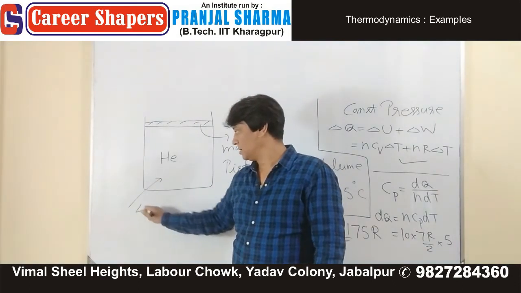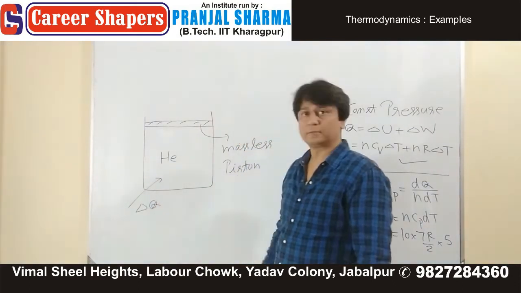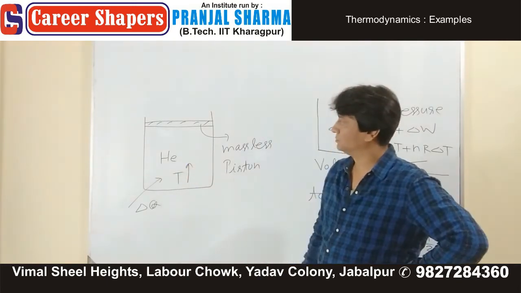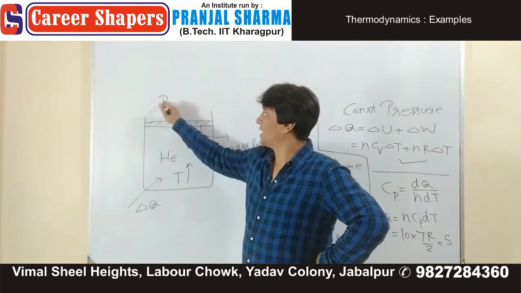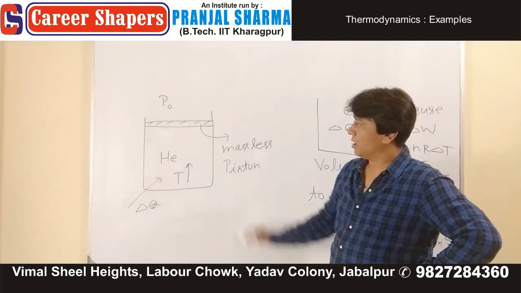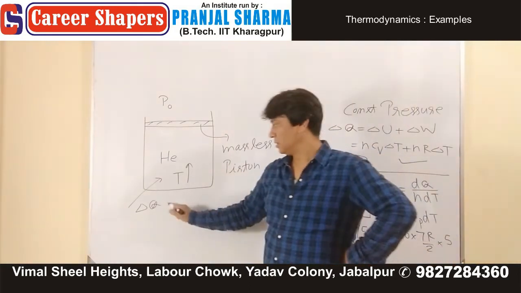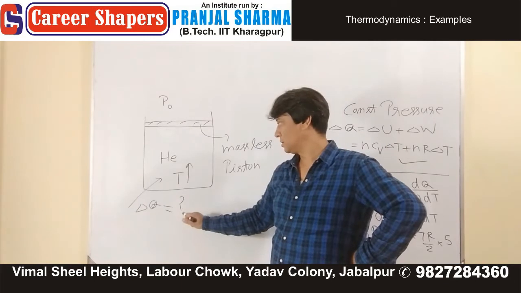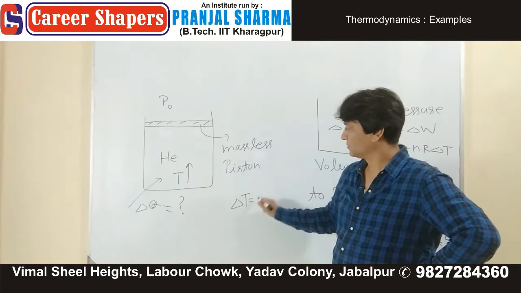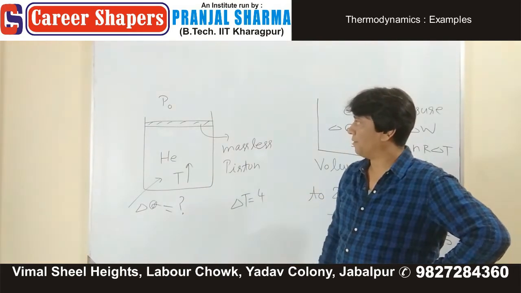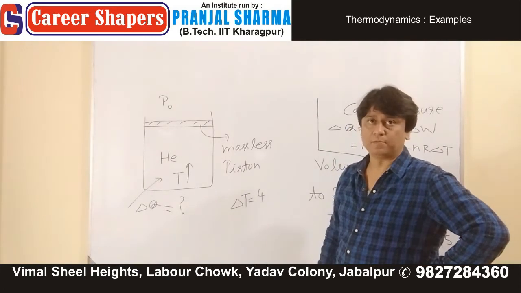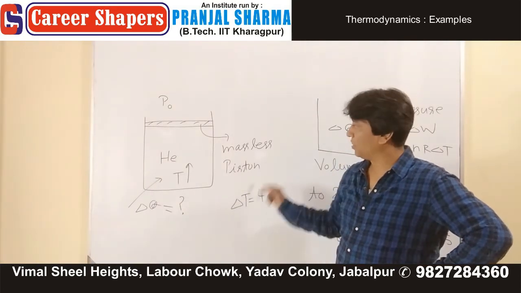Heat is supplied, temperature increases. Outside pressure is P0, atmospheric pressure. Heat is supplied, which we have to calculate. Temperature increases such that delta T is 4. Find out delta Q. Everything is in this.